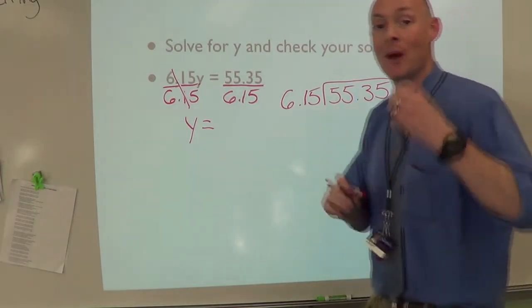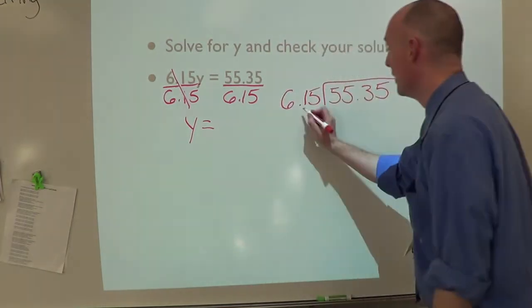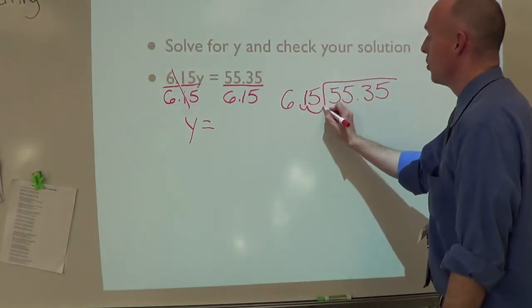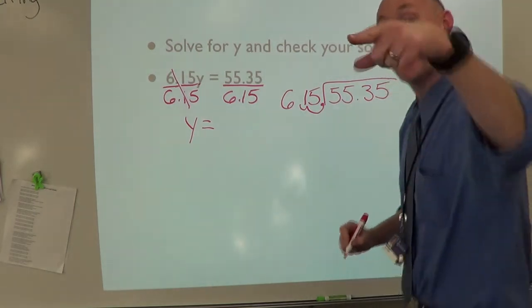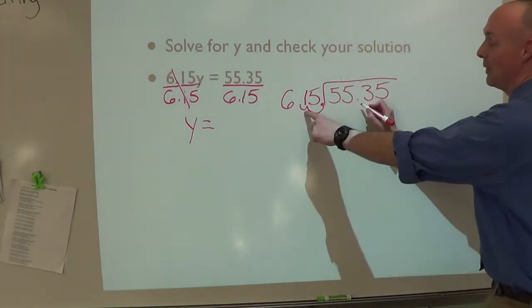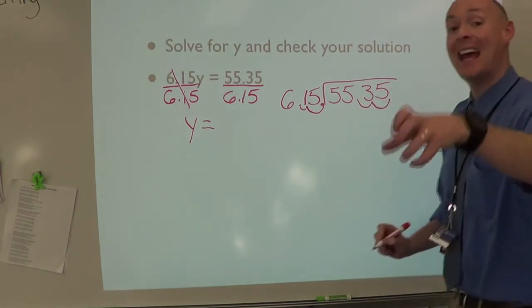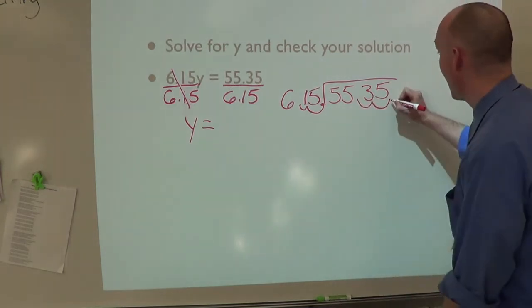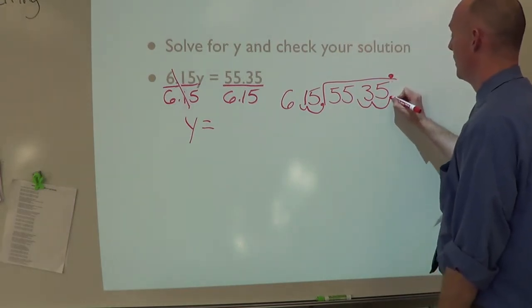If you remember the song, when I divide, I move the point to the right. I move it once, twice. I move the point to the right again. If we do it here, we've got to do it here. Then I take it higher. I bring the decimal up to here.